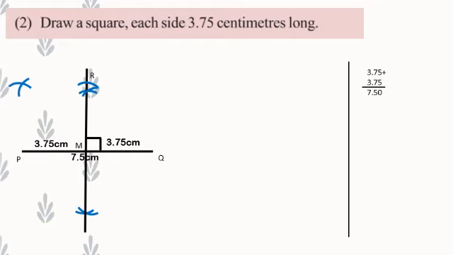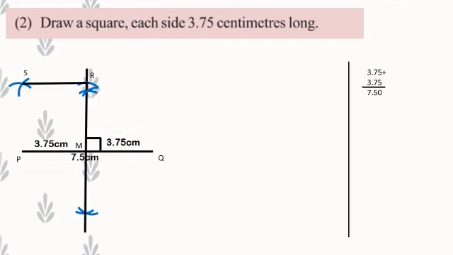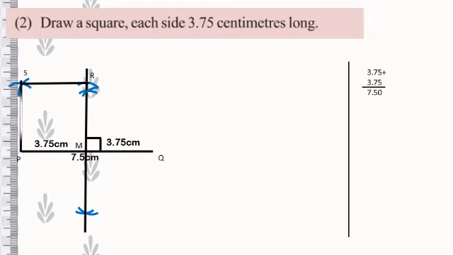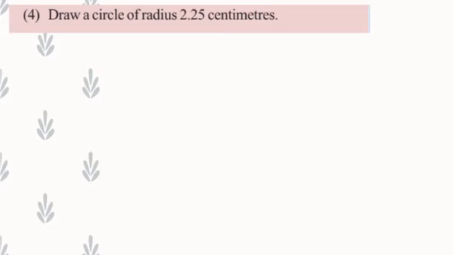Here the two arcs intersect at point S. By using a ruler, join points R and S and points P and S. Now we get PMRS, a square with each side 3.75 centimeters long. This is the answer.